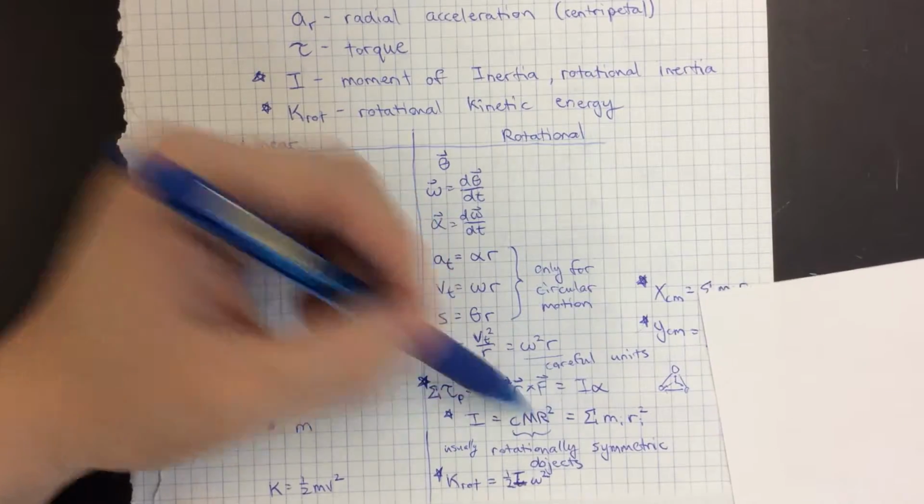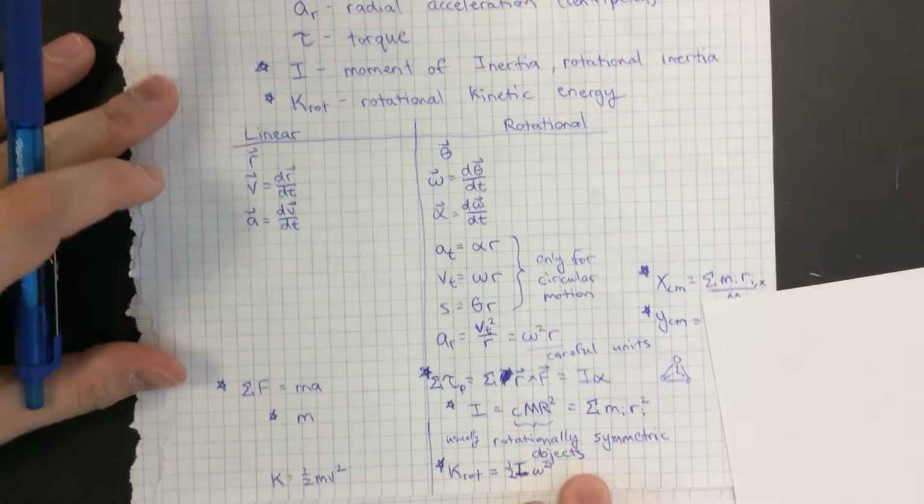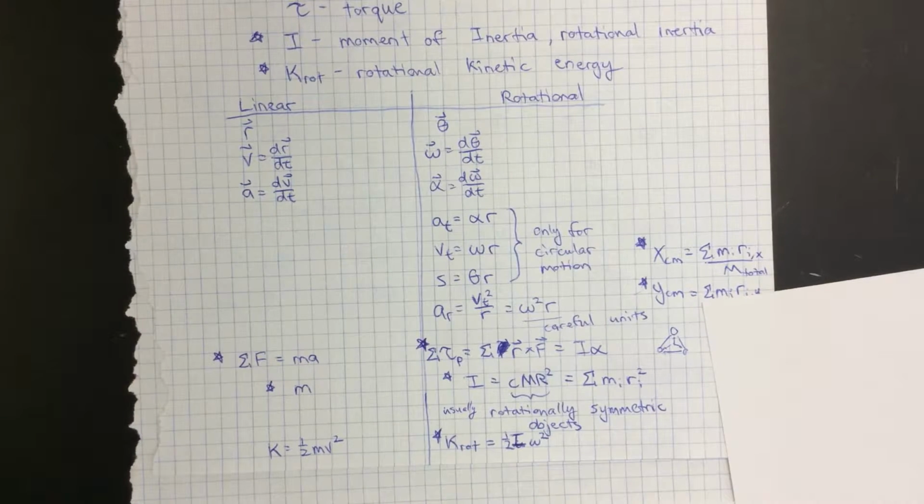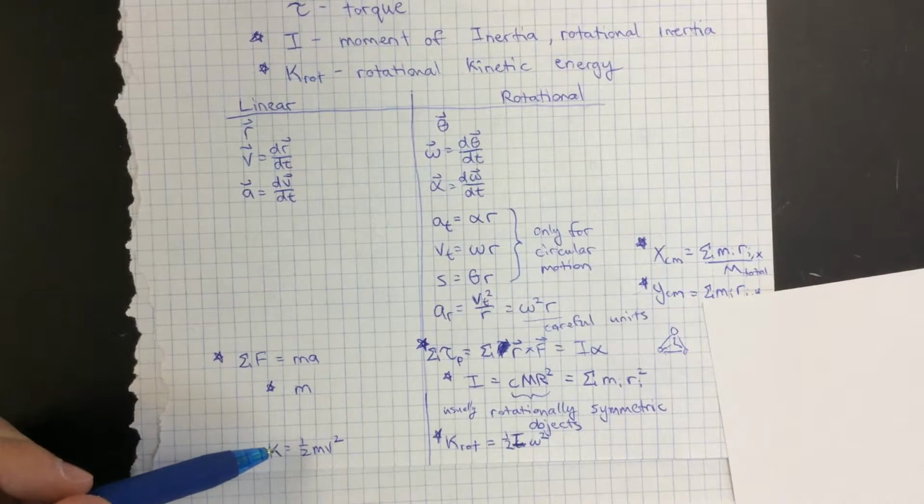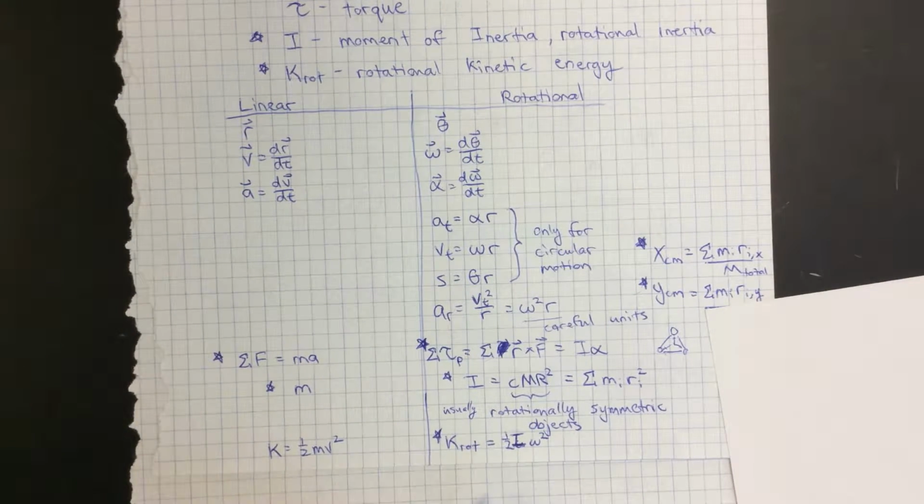Okay, and then lastly, you can also talk about a rotational kinetic energy. So if kinetic energy is 1/2 mv squared, you see that rotational kinetic energy is like 1/2 I omega squared. They really are very similar.